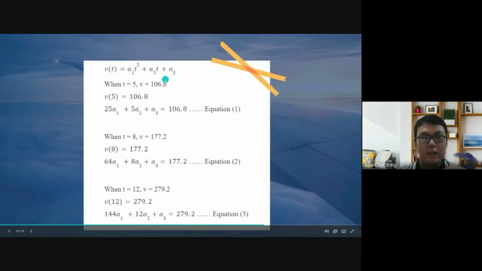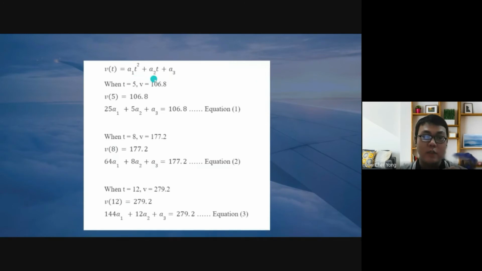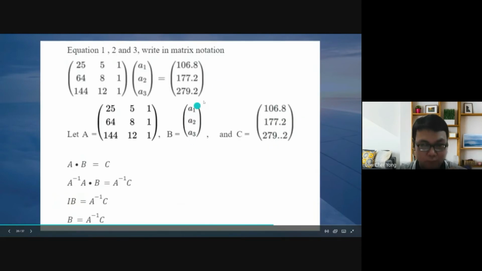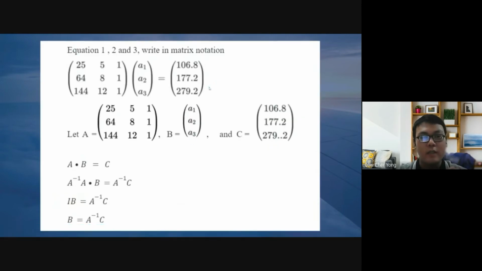Next, from the equation, we substitute the values of t and v inside the equation, and then we will produce 3 equations: equation 1, equation 2, and equation 3. So we write equations 1, 2, 3 in matrix notation.